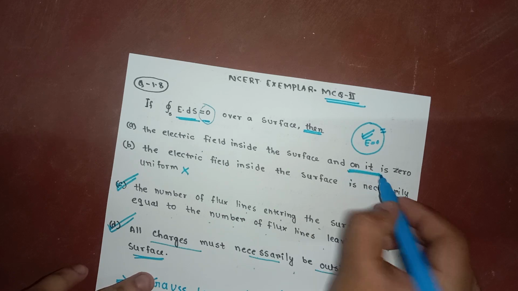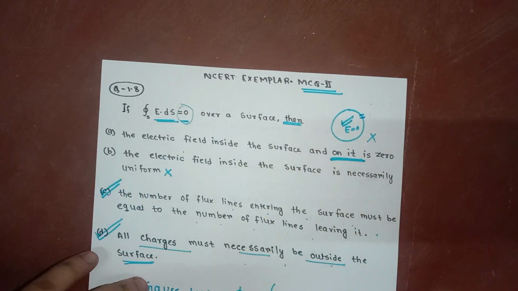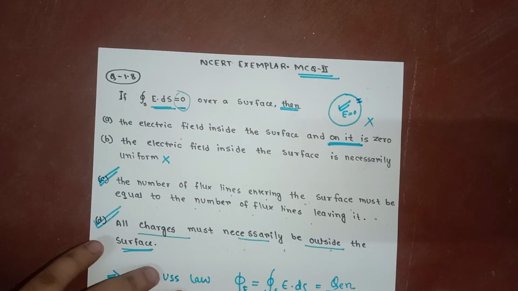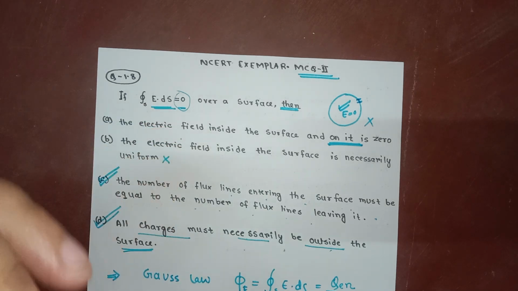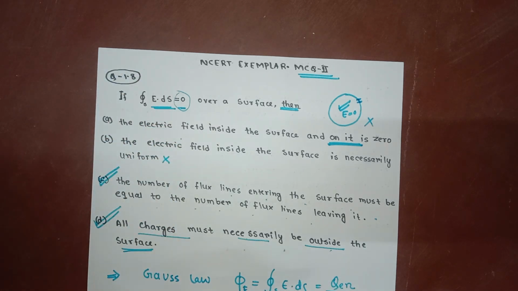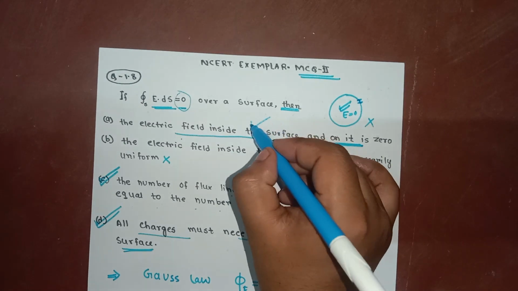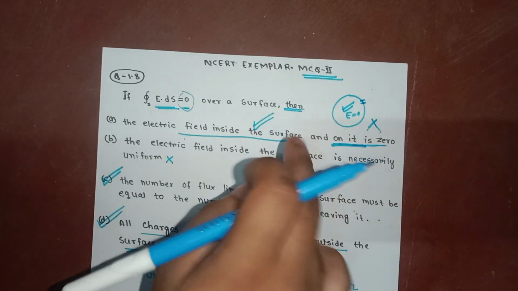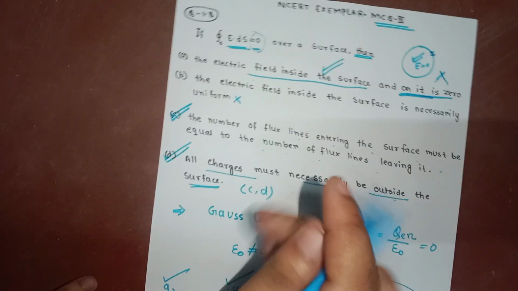On it could never be 0, sir. If there is charge, the electric field on the material is always going to exist, whatever the smallest amount is, but it is going to exist. So the electric field inside the surface is 0, true. But the electric field on it is 0, false. That's why we cannot take this. So the answer is going to be C and D, not A.